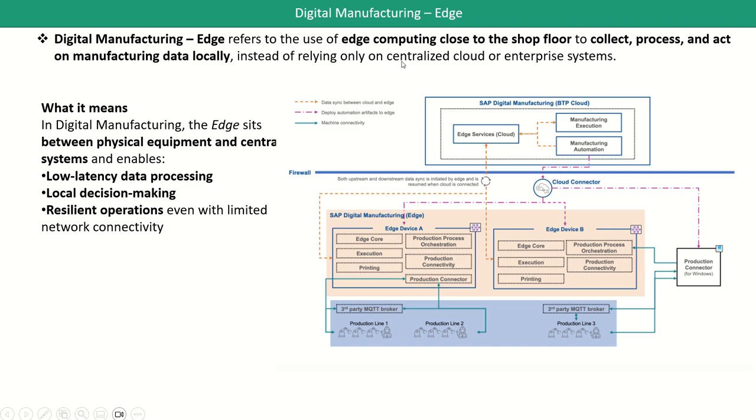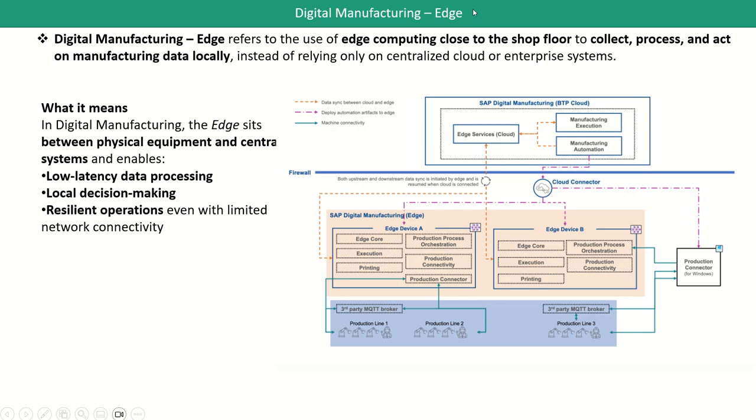Digital manufacturing edge. The edge devices will be on your premise. This is mainly used when, suppose, the SAP Digital Manufacturing system is on the cloud. Sometimes there is downtime or an internet issue, a connection issue to the cloud.